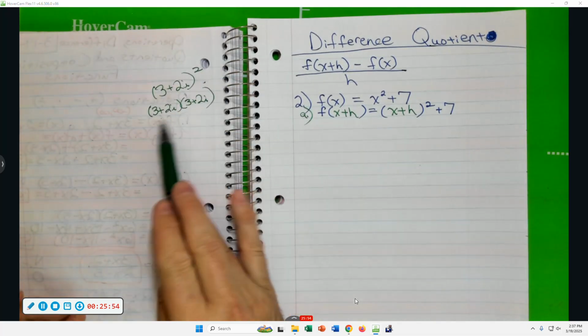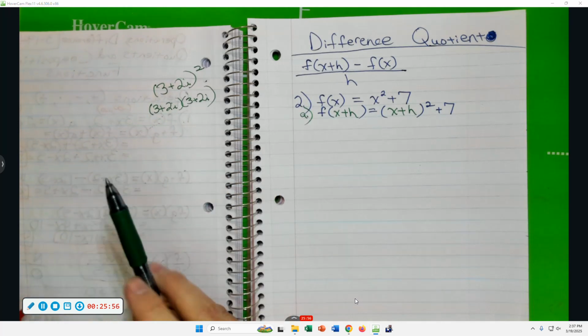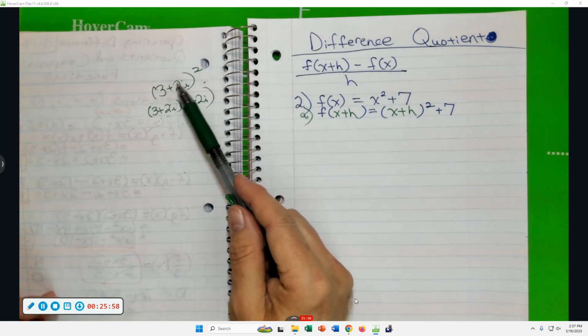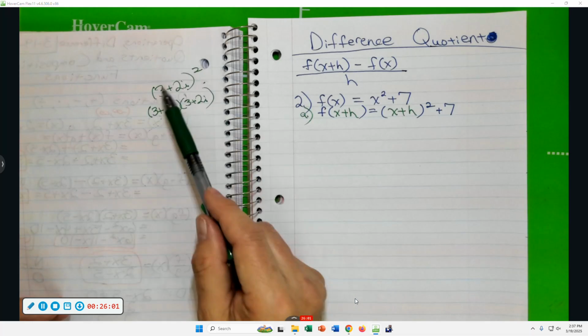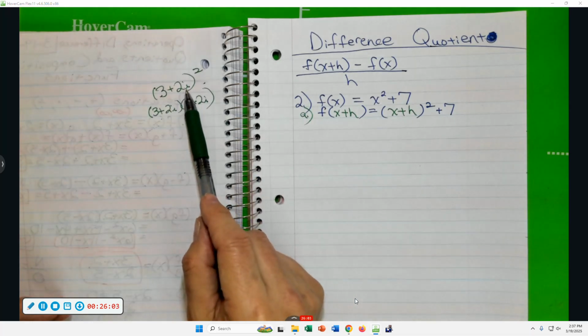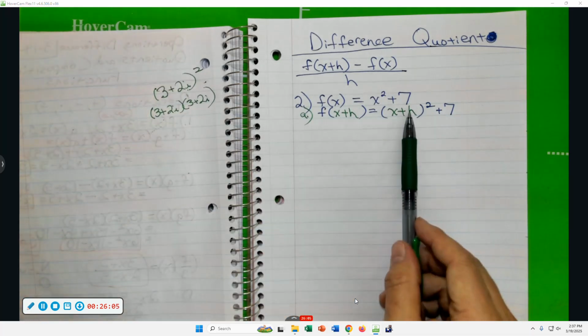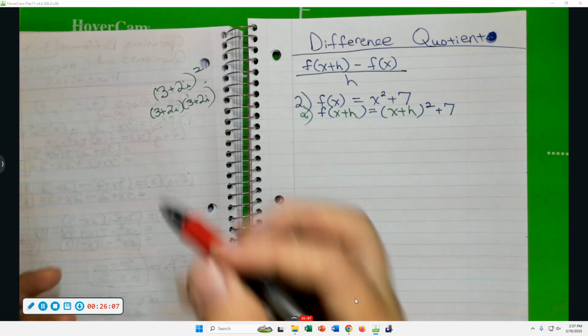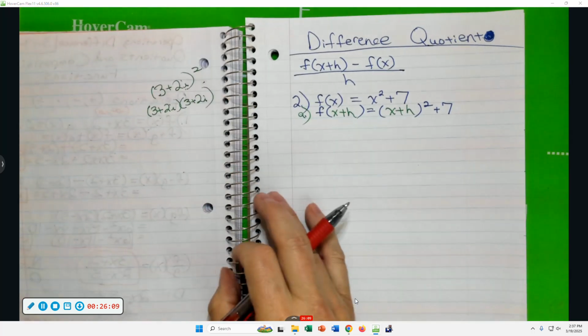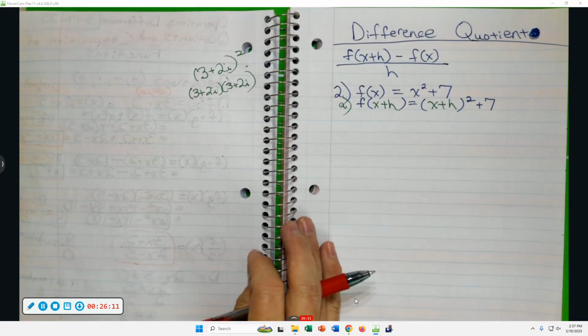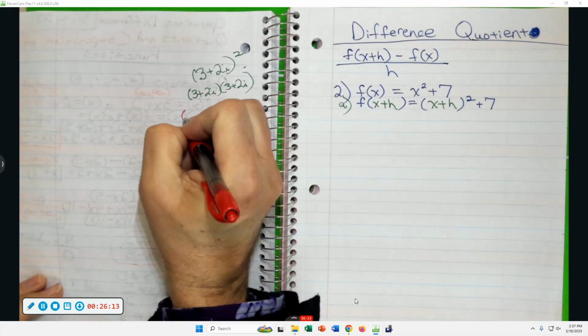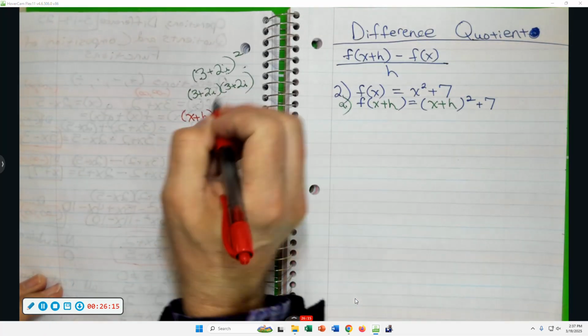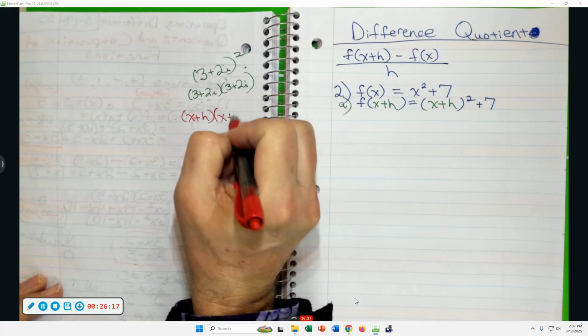It was one of the problems in the second homework assignment, the first time we ran into squaring a sum. You can't just square the terms individually. So for x plus h squared, here's my scratch work, and I'm going to write it neatly. x plus h times x plus h.